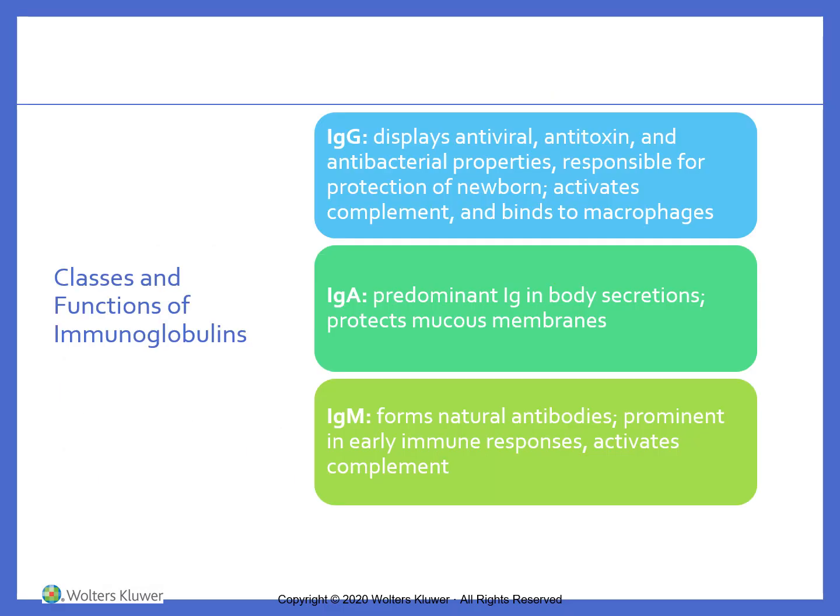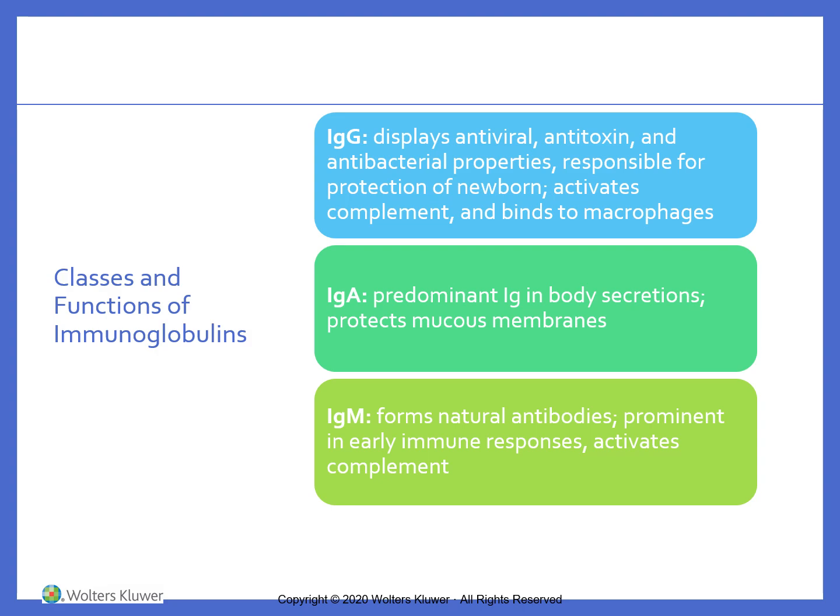So I mentioned earlier that we call the antibodies produced by the B lymphocytes Igs. We have 5 different classes of Igs or immunoglobulins, and they have different functions. The IgGs primarily function to display antiviral, antitoxin, and antibacterial properties. IgGs are responsible for protection of newborns.